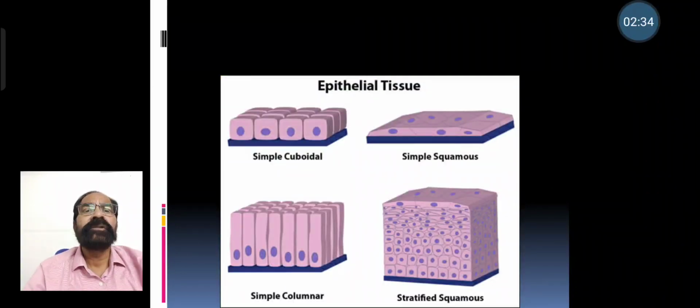The picture shows the simple cuboidal, which are equal on all sides, then simple squamous, they are tile-like and flat, and simple columnar, where the width is only 1 and the length is 4, and stratified squamous, where we can see a number of layers.